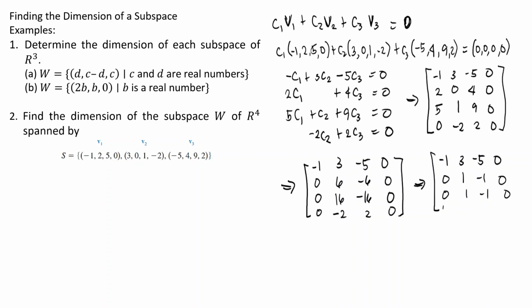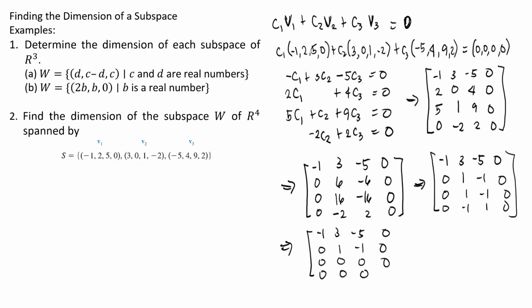Multiply by 1 over 2, that's 0, -1, 1, 0. And that is equivalent to, we can just subtract these two and then add these two to have a new row 3 and row 4. So we have 0, 1, -1, 0, and rows of 0, 0, 0, 0.